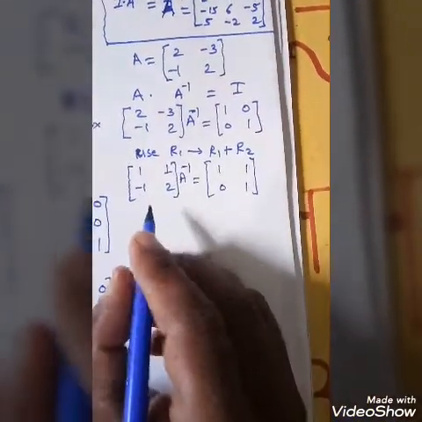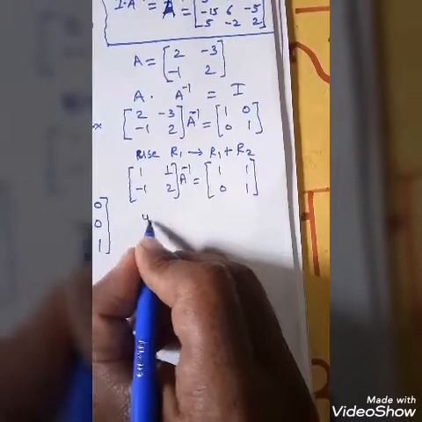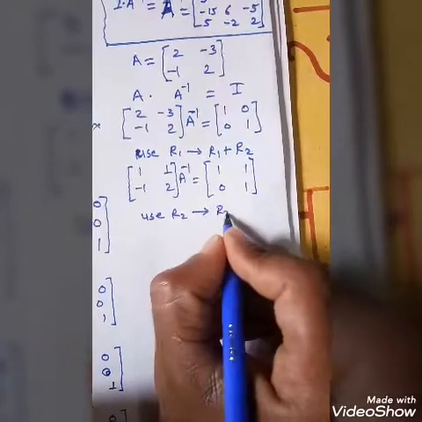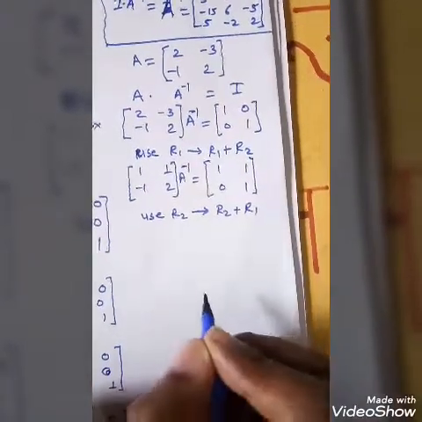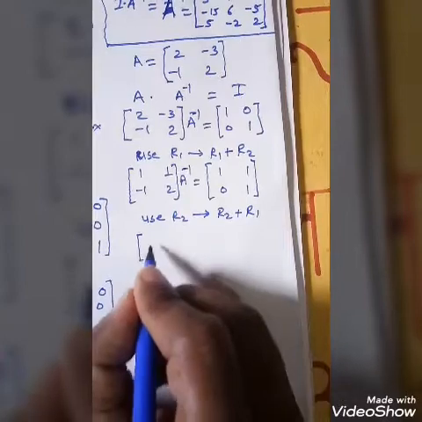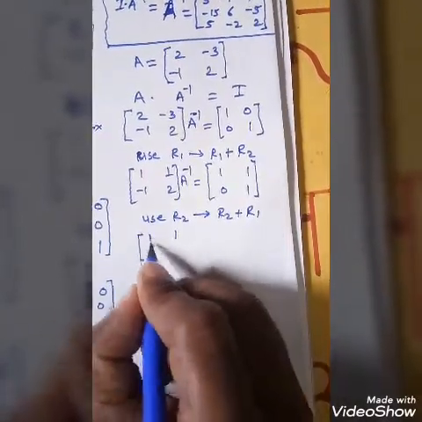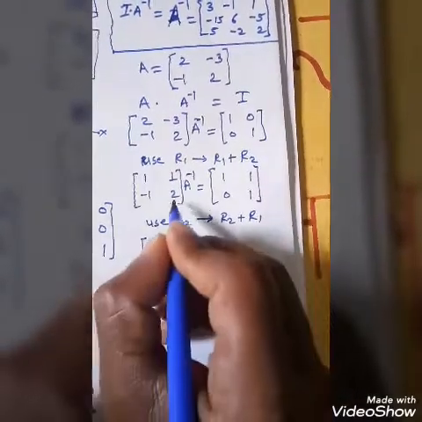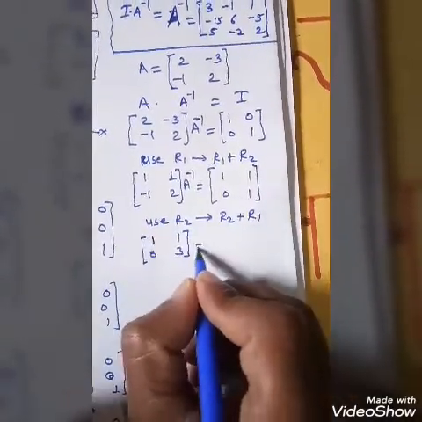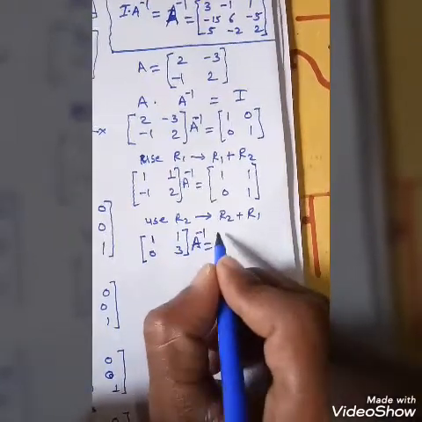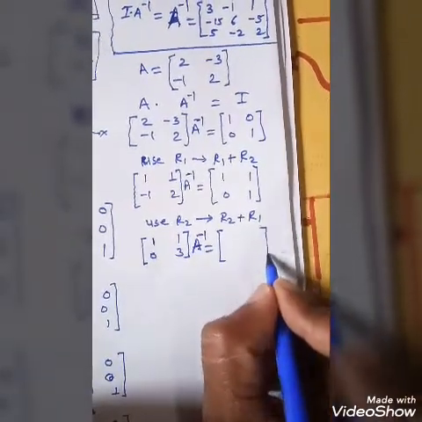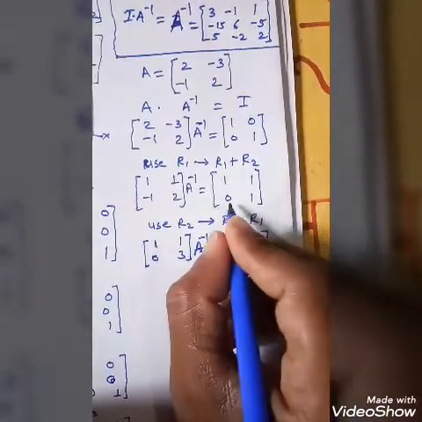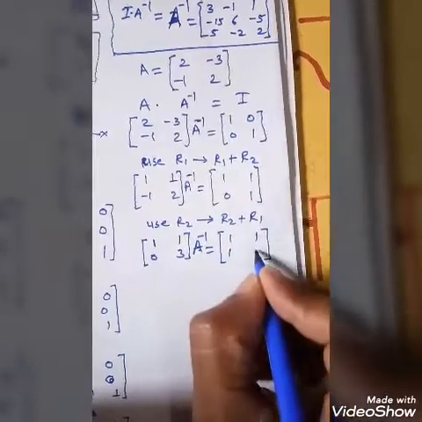Now convert this second element into 0. The second element is of row 2: R2 plus R1. First row as it is: 1 minus 1. R2 plus R1: minus 1 plus 1 is 0, 2 plus minus 1 is 1. On the A inverse side, the same operation is performed on the right hand side: first row as it is, 1 1, R2 plus R1: 0 plus 1 is 1, 1 plus 1 is 2.